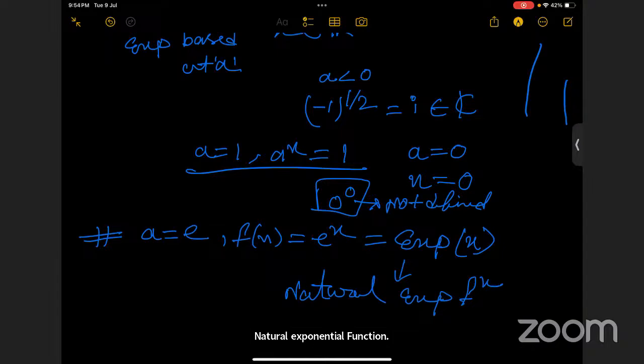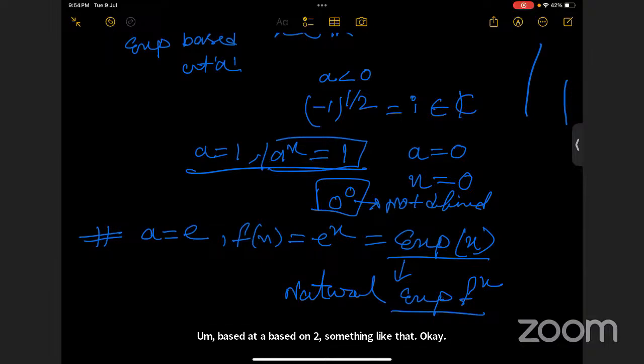For simplicity, sometimes we call it just simply exponential function. If we use some other base, then we will mention based at a, based on 2, something like that. So this is our exponential function.